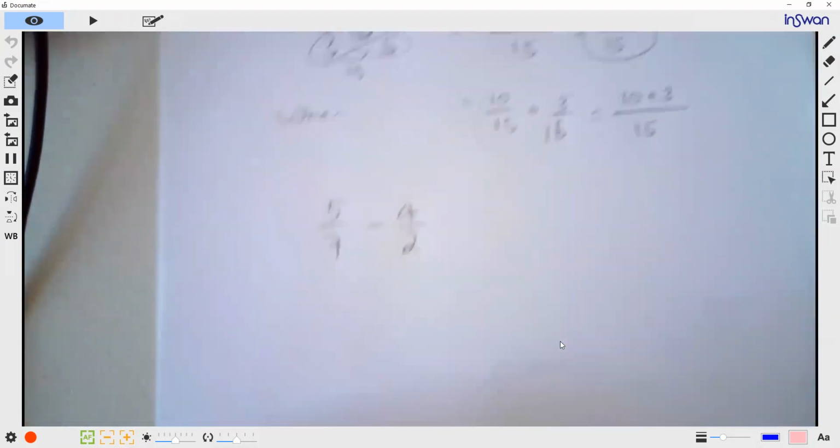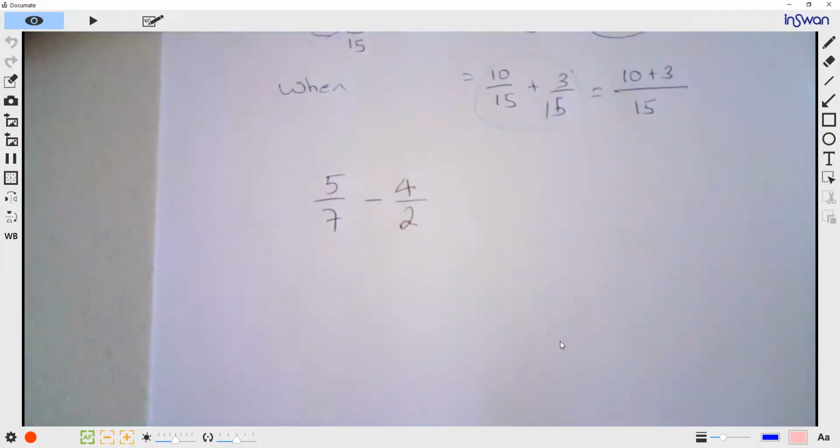Try that. So do the butterfly. Anytime you add or subtract, you do the butterfly.